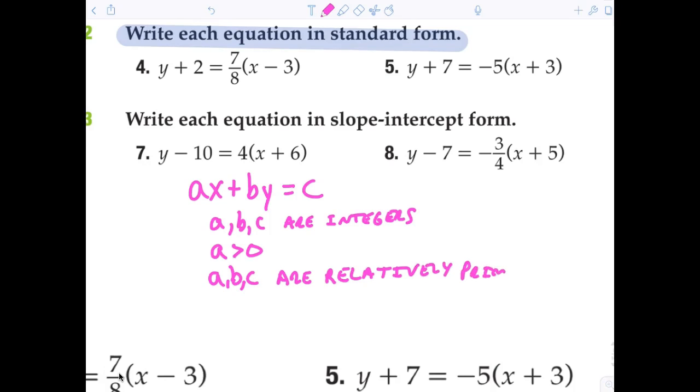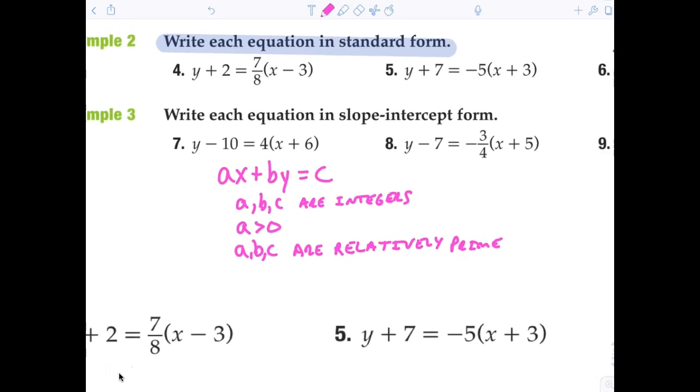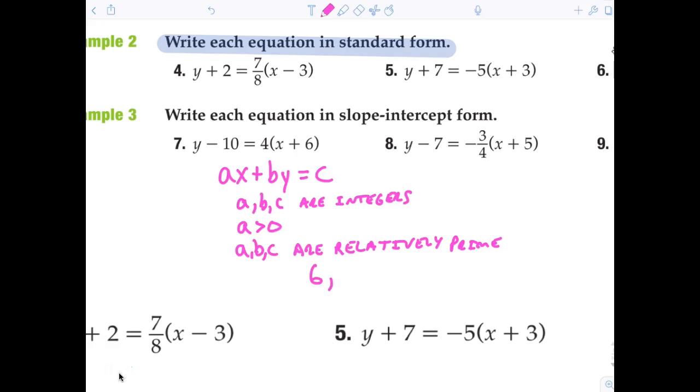You've got to think back to your 5th grade days when we talked about numbers being relatively prime. I'll give you an example. Let's say 5, 6, 7.